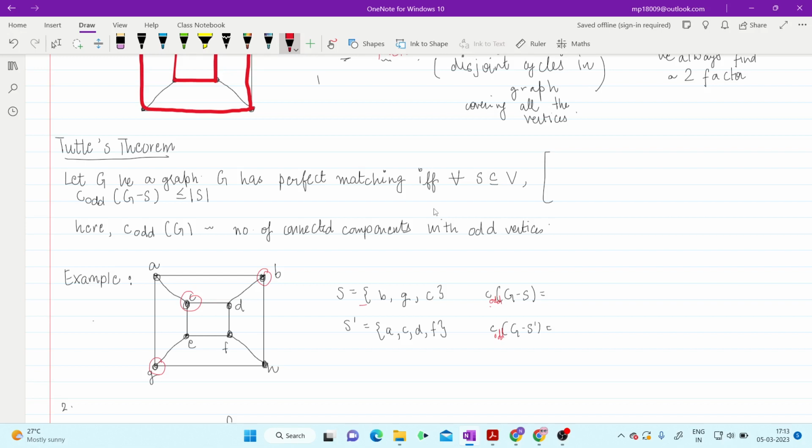So if I take my S to be BGC, what are the connected components of the graph after removing BGC?